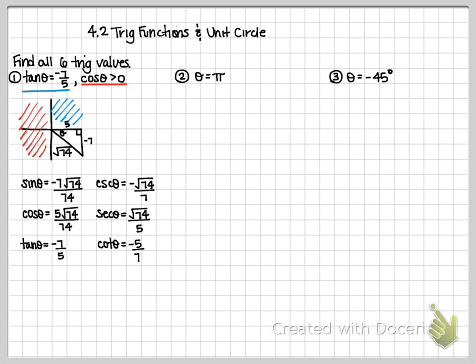Okay, so here are the 6 trig values that I got. Remember a couple of things. 1, you have to rationalize if there's a radical in the bottom of the fraction. 2, if you can simplify a fraction, you have to simplify it. Likewise with radicals. If you can simplify the radical, you have to simplify it.